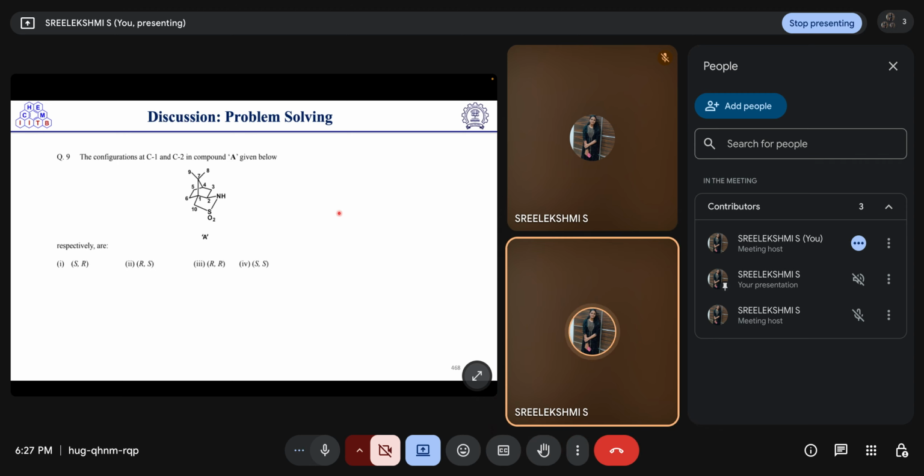Moving to the last question, the configuration of C1 and C2 in compound A given below. So the C1 and C2 configuration we have to identify.